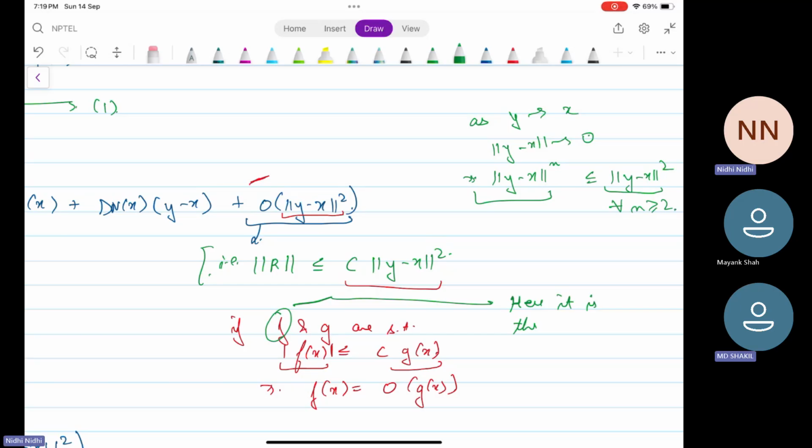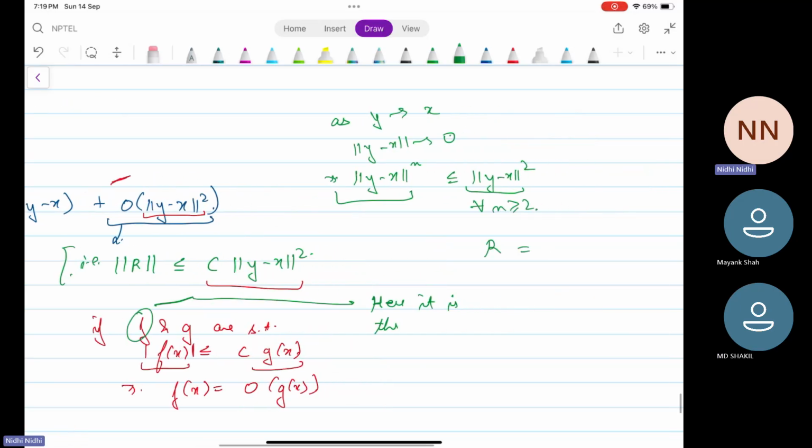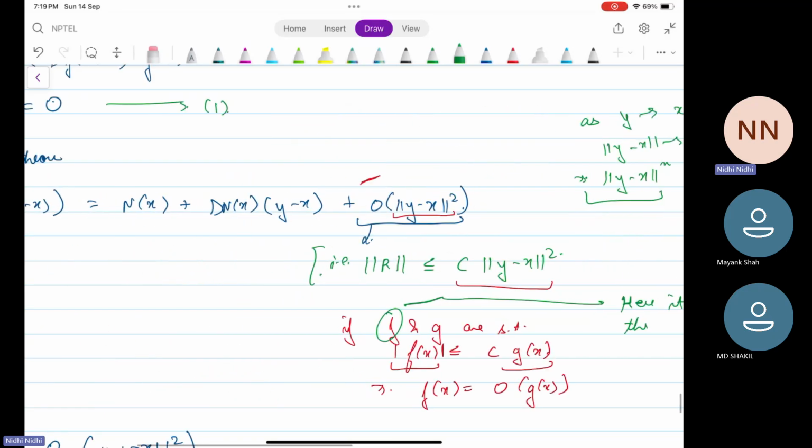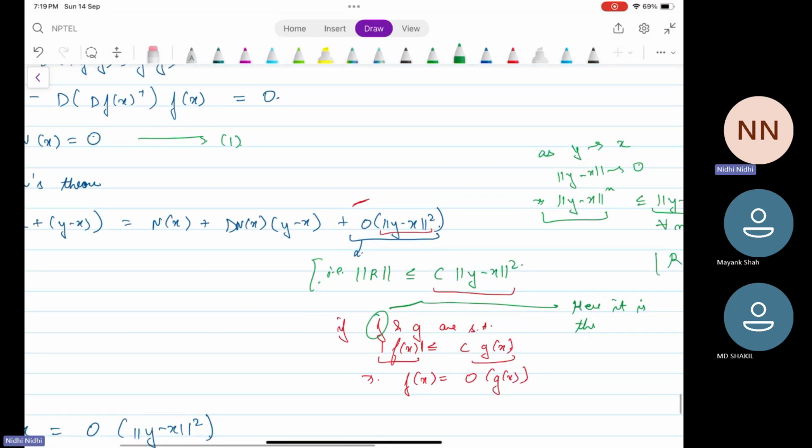So eventually, our remainder term will have some y minus x square, then some larger power, which can be made lesser than or equal to some constant times y minus x. This constant will obviously depend on the function n. So I'm replacing all those terms by big O of y minus x square.